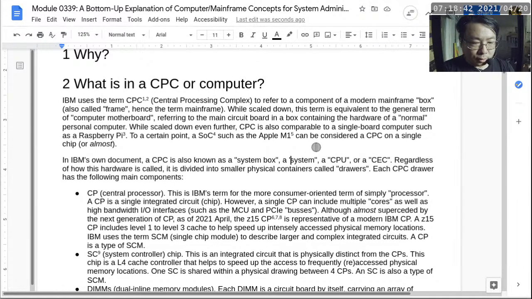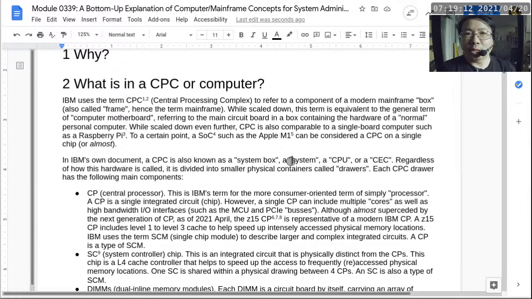A CPU is a really old term coming from the 60s. So the whole term of CPU actually came from IBM, which stands for Central Processing Unit. And now that there are many subcomponents inside the CPU, they call it a Central Processing Complex. And then we have CEC. I did not bother to look up what EC stands for.